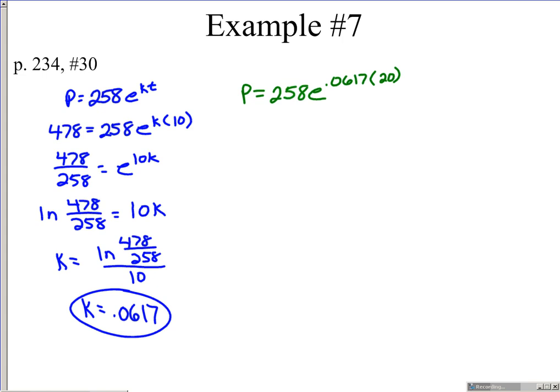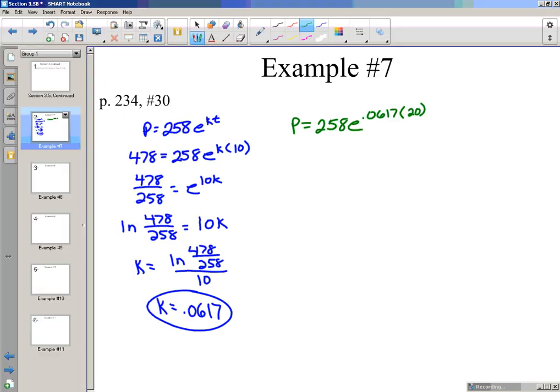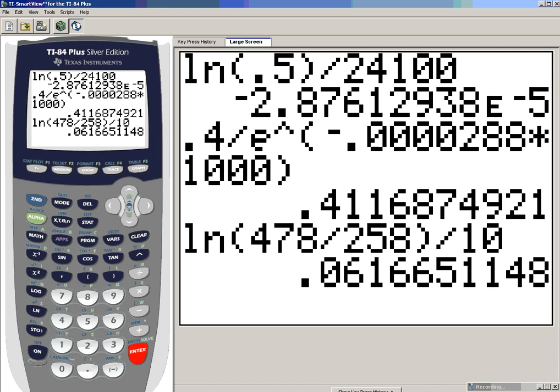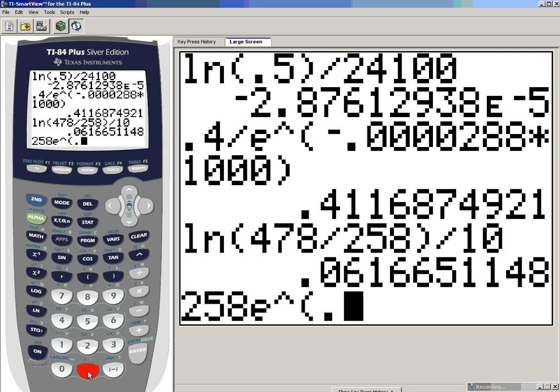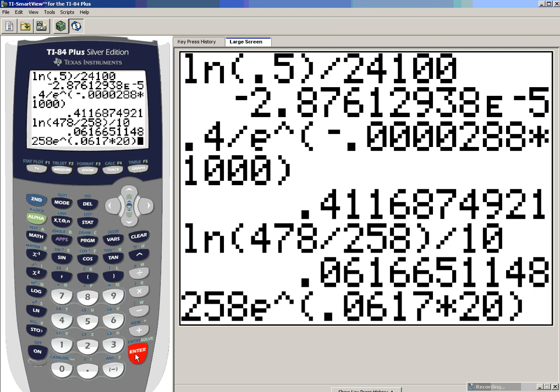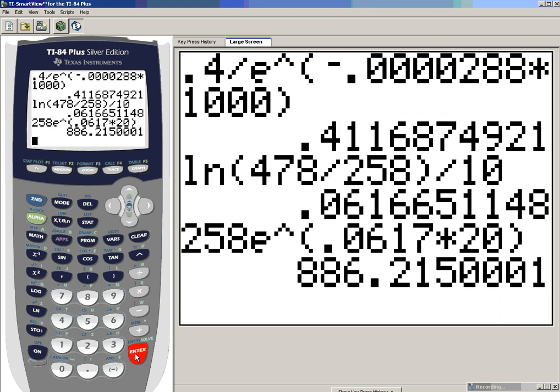And now we plug that expression into our calculator: 258 e to the 0.0617 times 20 power. Population is 886.215.